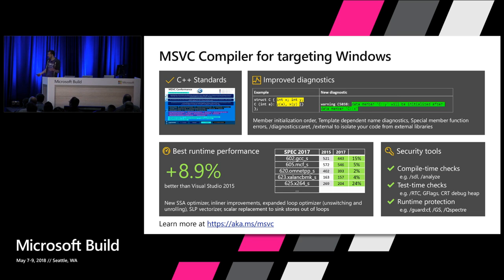They will give you around 9% performance improvement in your runtime code. And also, I have a list of security tools that you should use at every step of your development cycle. But I'll make a special mention of /Qspectre, which is MSVC's aid in helping you mitigate the Spectre vulnerabilities that were announced. I'm sure you all know about it.